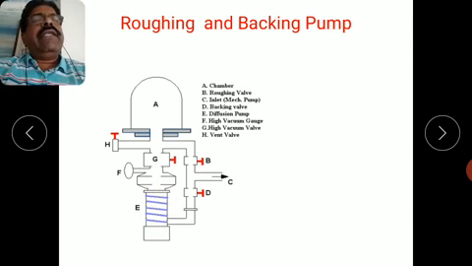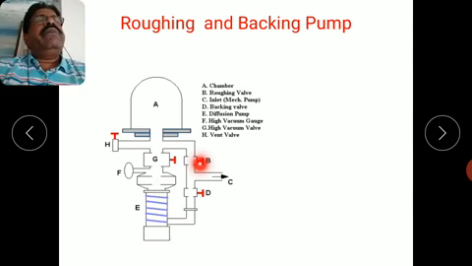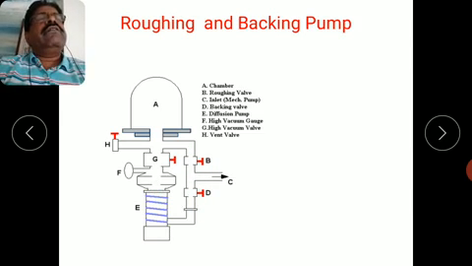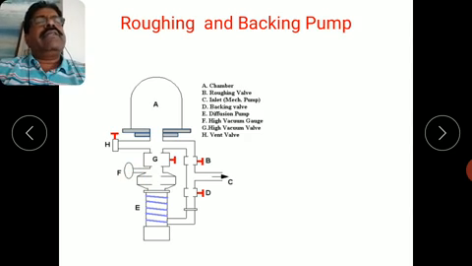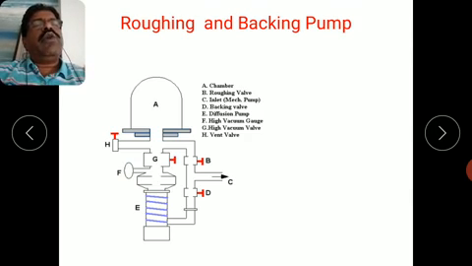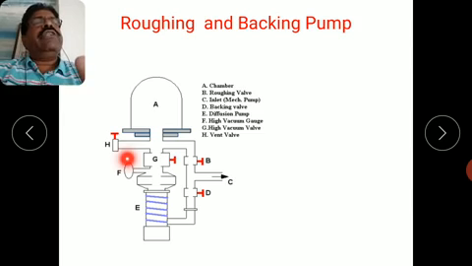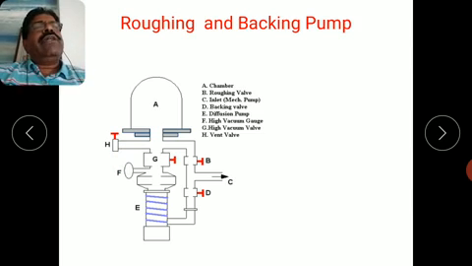Then B is a roughing valve, D is a backing valve, and F is a high vacuum gauge. Gauge means to monitor what pressure level or vacuum level is achieved. Then H is a vent valve. So what is actually roughing and backing, that we want to understand from this.